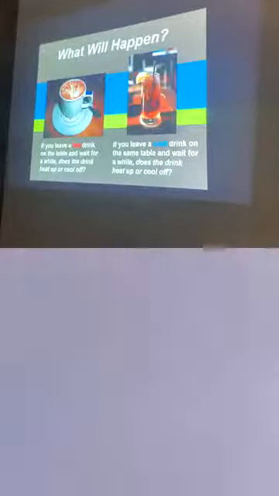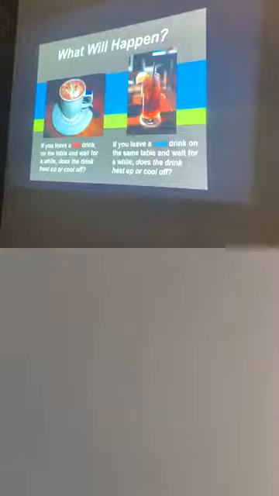All right. Momo, can you read the very first one with the hot cocoa? If you have a hot drink on the table and wait for a while, does the drink heat up or cool off? Okay, what happens to it? It cools off. Why does it cool off?